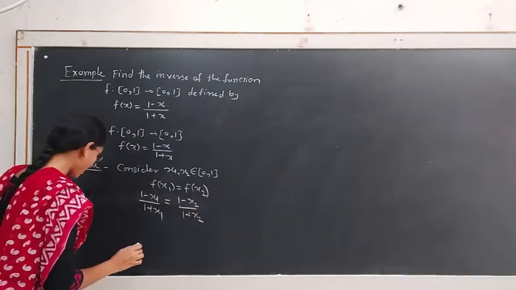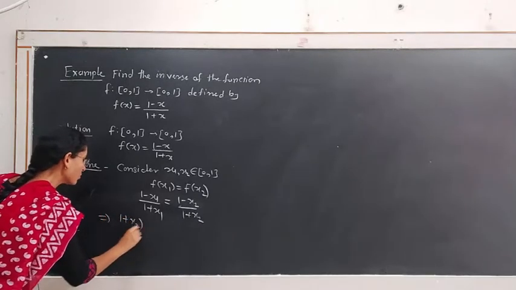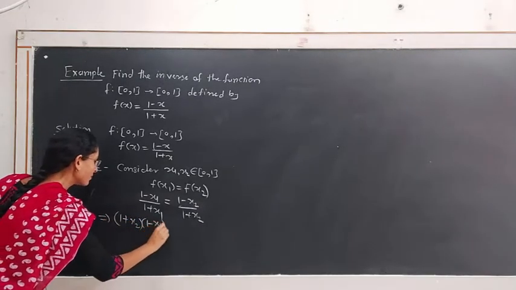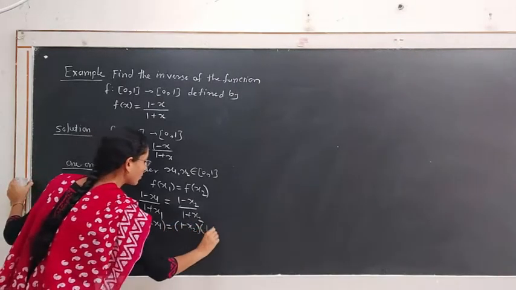Taking cross multiplication of both sides, we get (1 plus x2) into (1 minus x1) equal to (1 minus x2) into (1 plus x1).